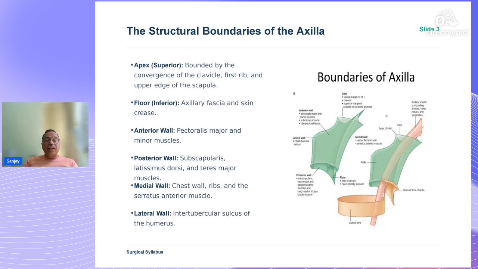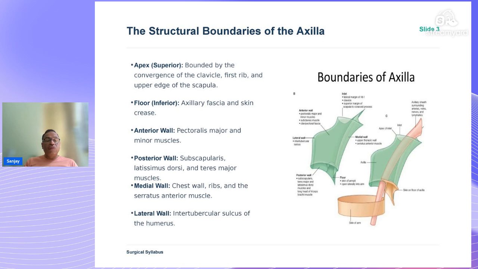Now, anterior is the pectoralis major and minor muscles. That forms the anterior wall of the axilla. The posterior wall is formed by the posterior group of muscles like subscapularis, latissimus dorsi, and teres major. The medial wall is obviously formed by the chest wall, which consists of ribs, the intercostal muscles, and the serratus anterior muscle.